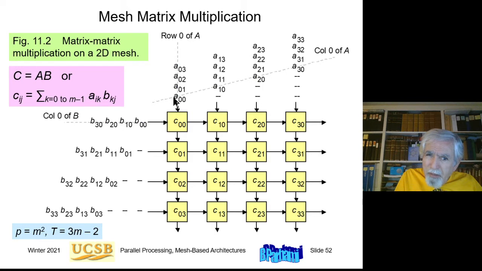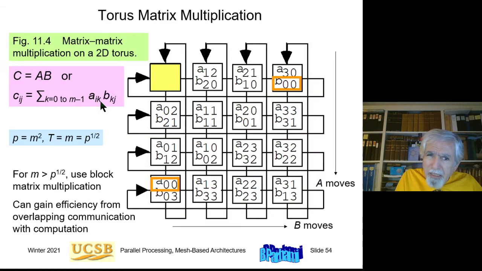Basically by multiplying A00 times B00, A01 times B10, A02 times B20, A03 times B30. Notice here that it is AIK times BKJ, so the K part.